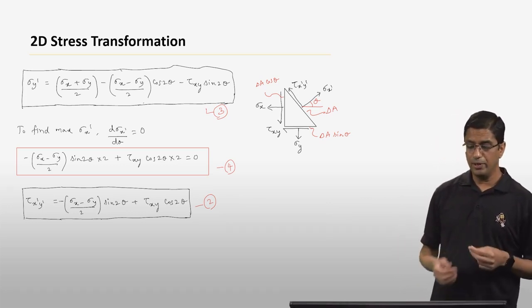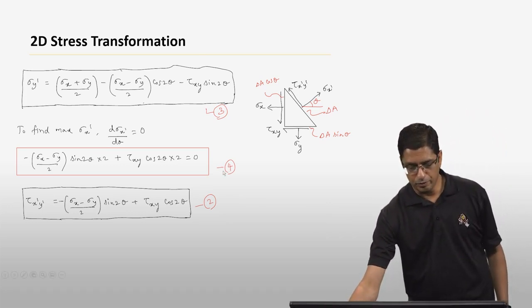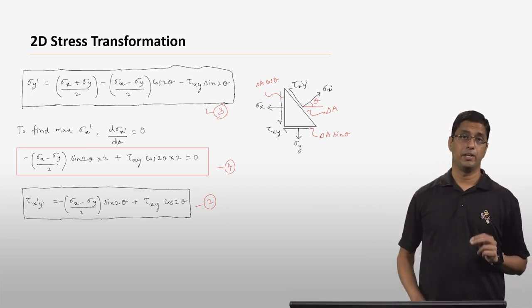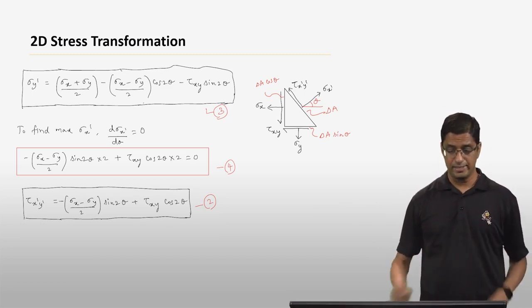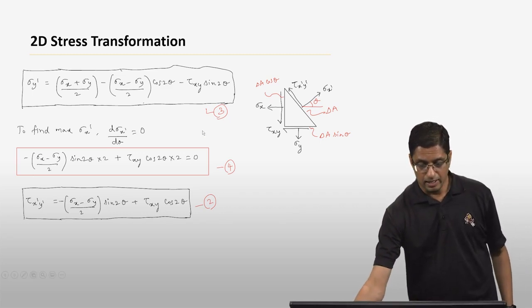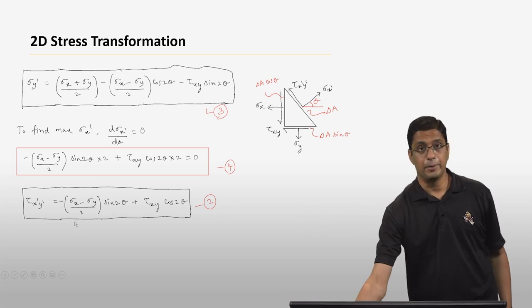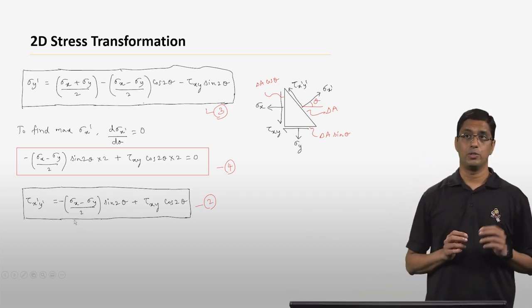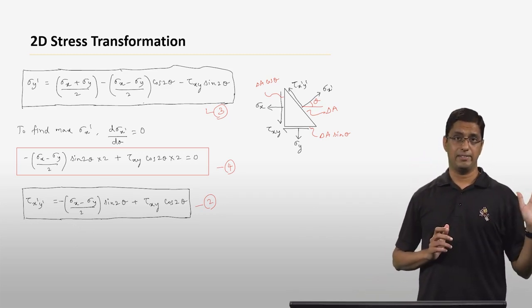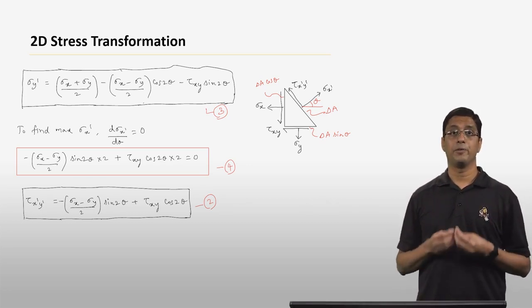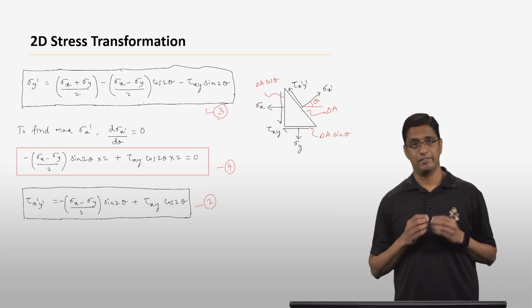Now, if you look at this equation number 4 and equation number 2, which is the expression for tau x prime y prime, what you see is that the left hand side of equation number 4 and the right hand side of equation number 2 are exactly identical. So what you have as the left hand side of equation number 4 is essentially the expression for tau x prime y prime. This is something very interesting.